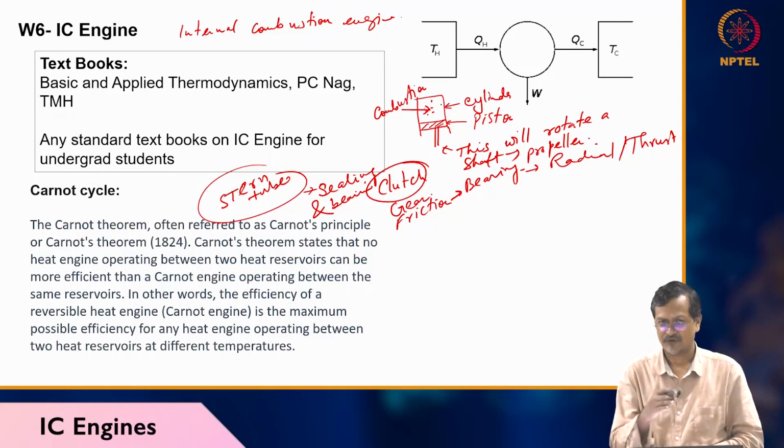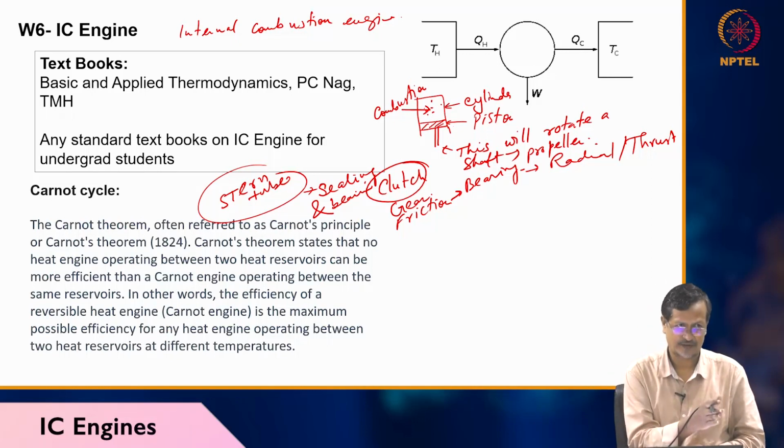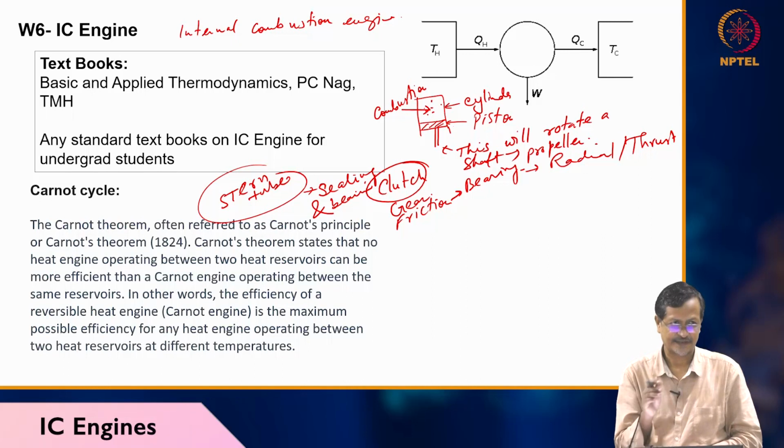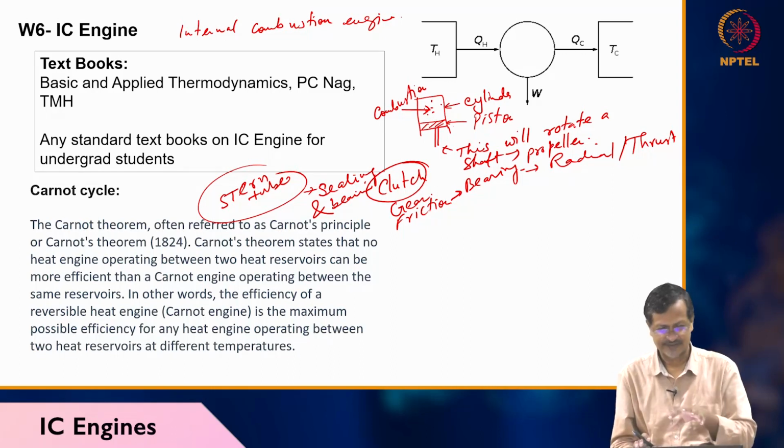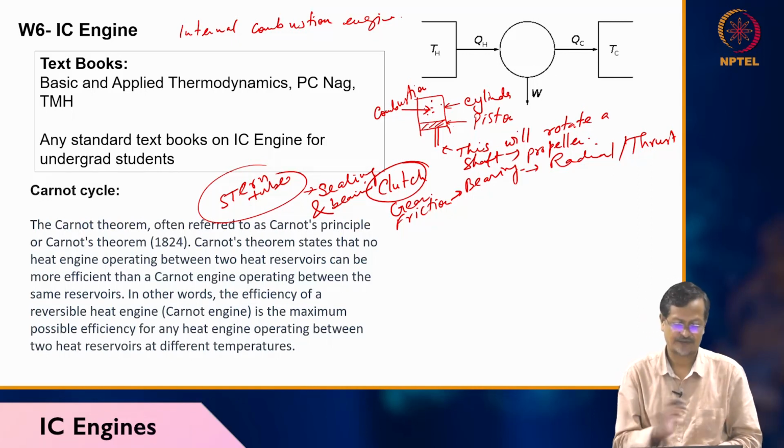Work can be converted 100% to heat, but heat cannot be completely converted into work. This is given in the second law of thermodynamics. The third law and zeroth law are a different story, but basically all these things will be based on the first law and second law.